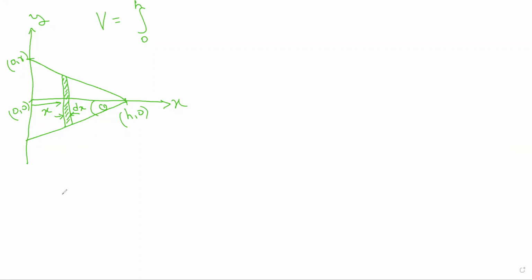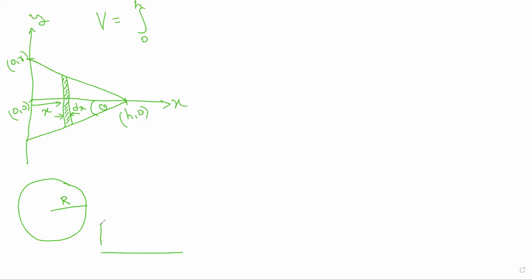Actually, if we look from the bottom, we can see that this plate is a circle. It has a radius. We don't know the radius. Let's put the radius as r. Now let's find out what this r is.